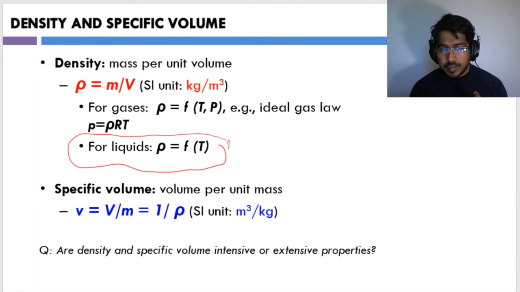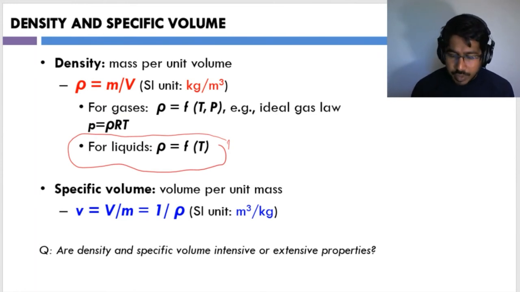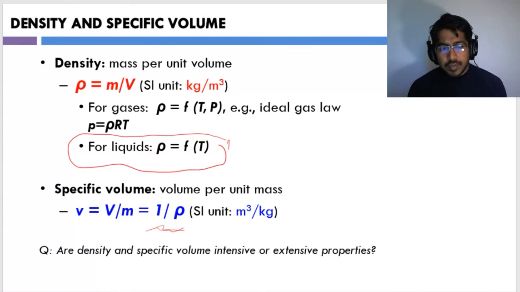So with pressure, the density does not change, the specific volume does not change, but with temperature it does, okay? And the specific volume can be written as 1 over density. So it is the volume per unit mass. The definition is upside down, right?